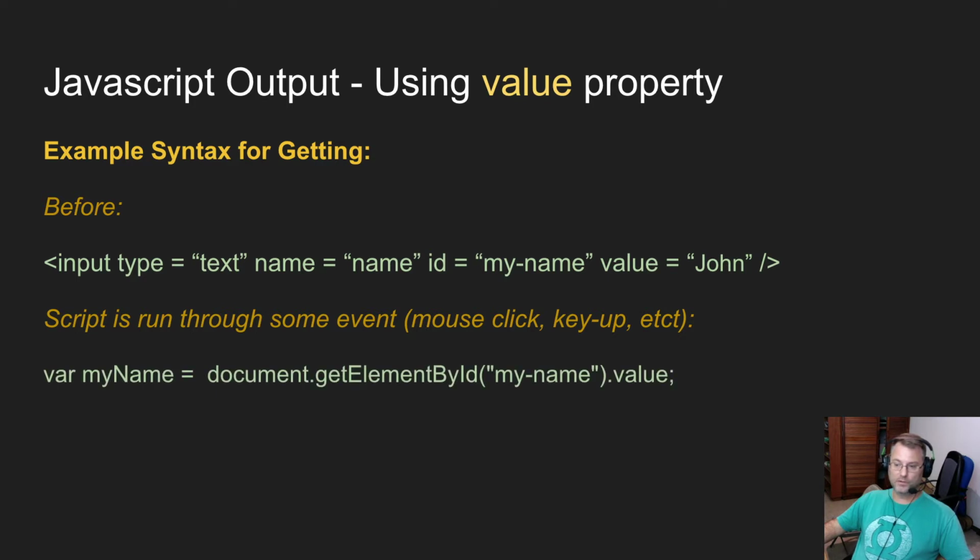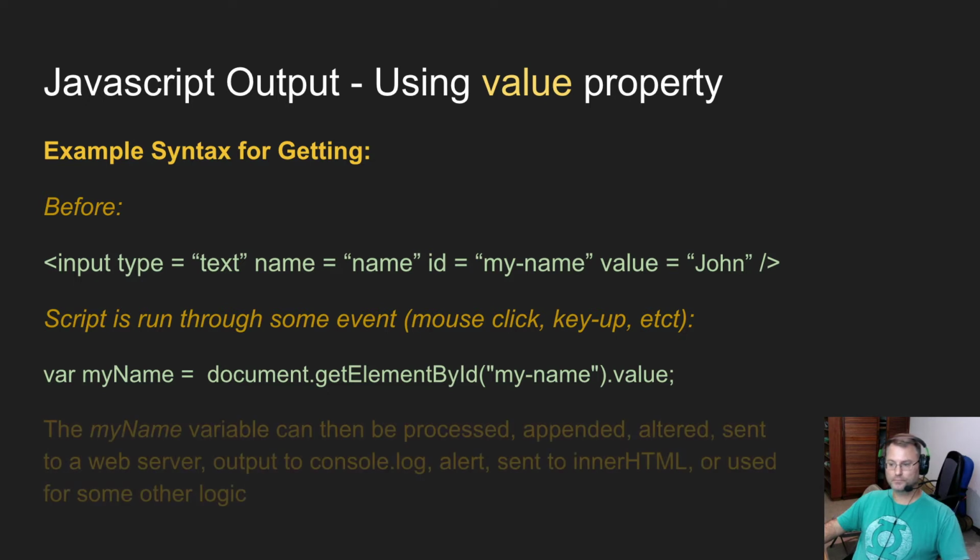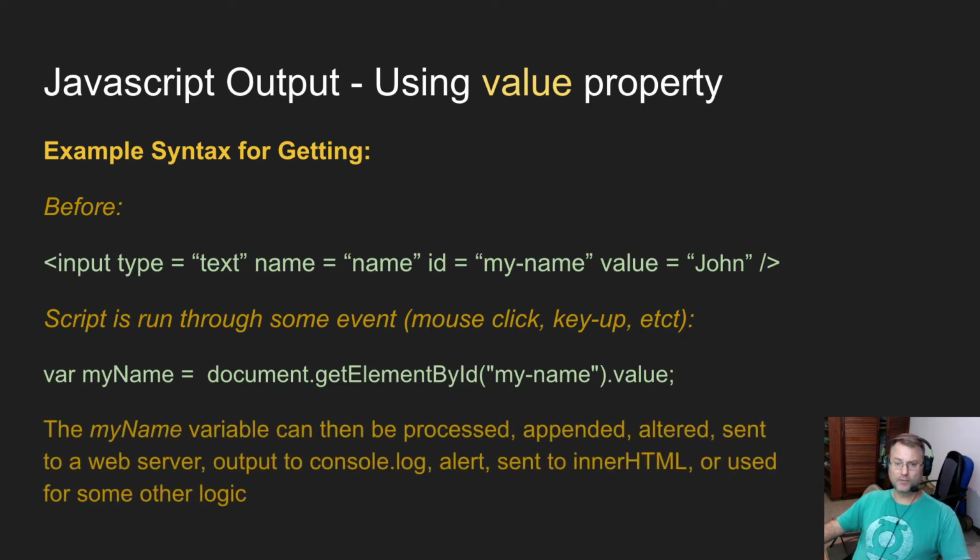And notice first that we specify a variable called my name, and we're left assigning to the variable the property contained at the document get element by ID, my name. And so it's grabbing the value of that object and assigning it. And again, we can use the my name variable. We can process it, append it, alter it, send it to a web server, output it to console, alert, enter text HTML, or some other logic, or whatever you want to do with it.